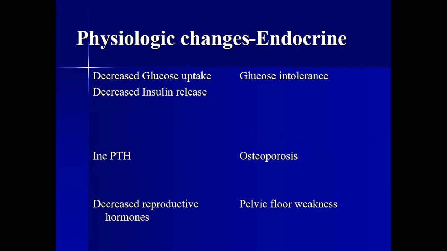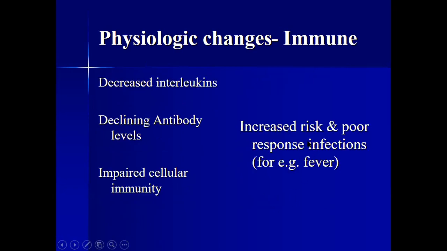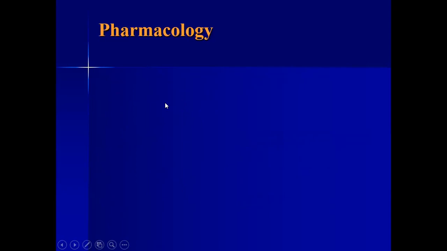And glucose intolerance, there's osteoporosis, there's pelvic floor weakness because of all these things going on in the background. Dry skin, they have decreased sweating, nails getting thicker, increased risk and poor response to infections, for example fever, because of the immune system. So this is about physiology.